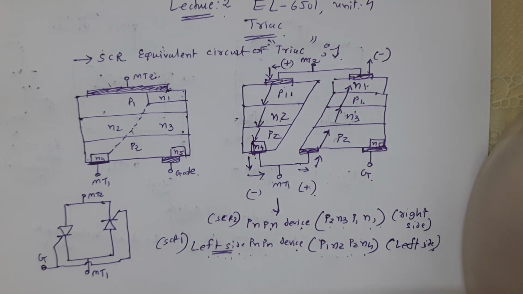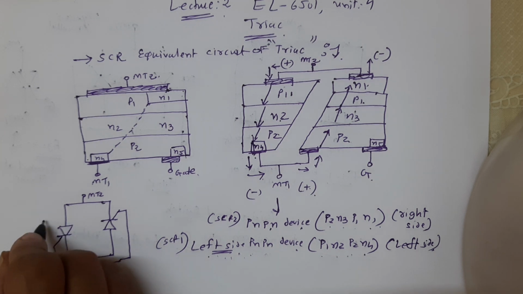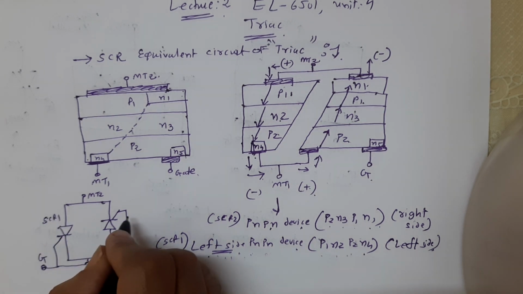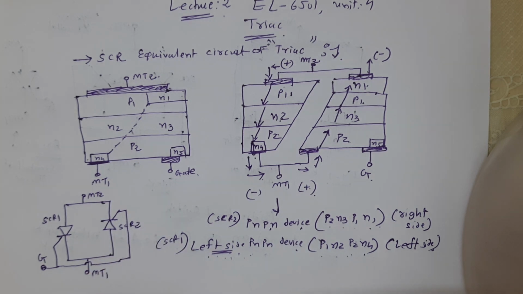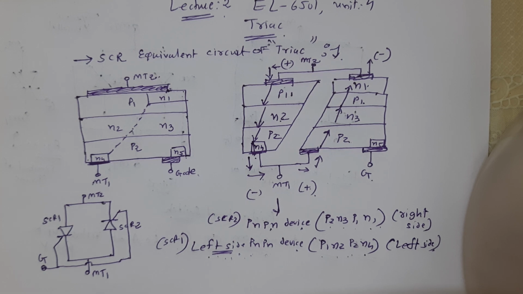So this is the equivalent circuit of a triac using two SCRs which are parallel but inverse with respect to each other.